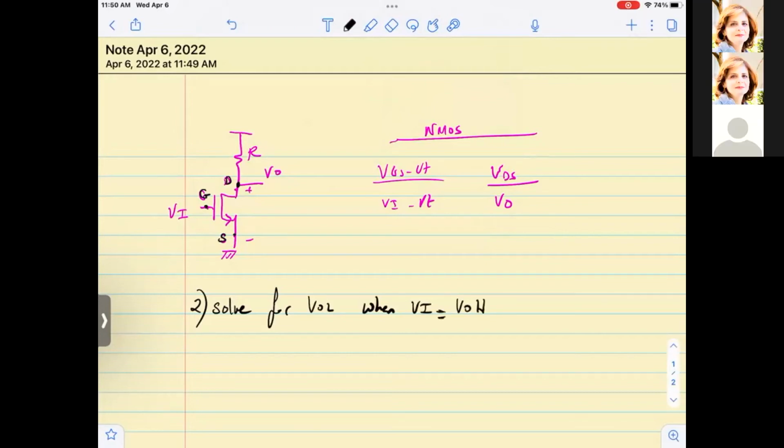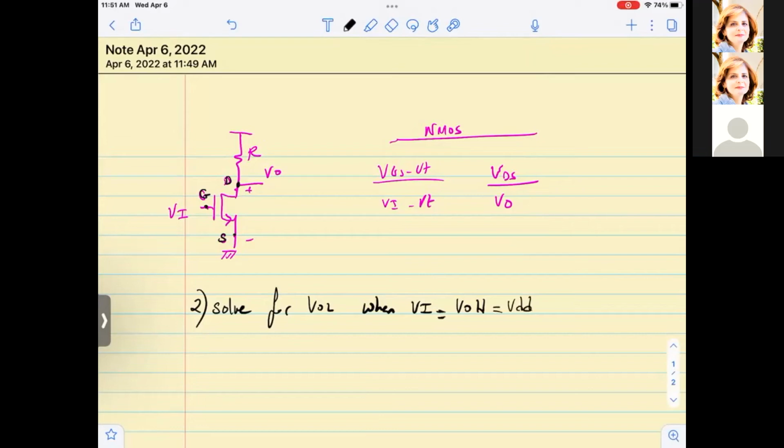So we are going to set Vn equal to VDD and we will try to derive the characteristics for this circuit. So to find VOL, set Vn equal to VOH equal to VDD here.